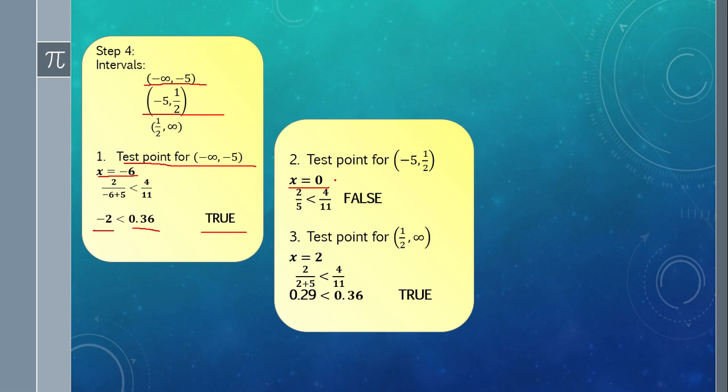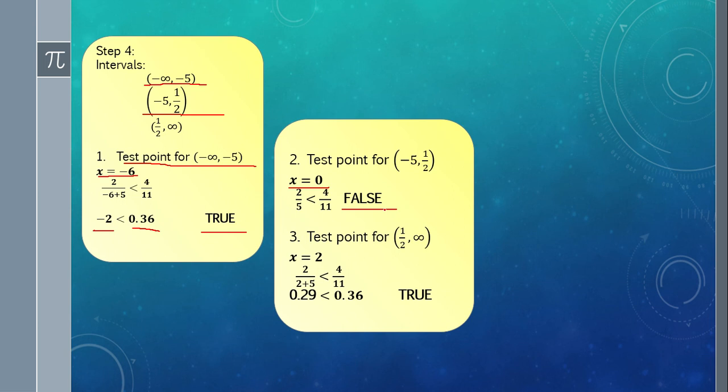So let's substitute. So you have it there, 2 over 5. If you might be asking, why is it over 5, sir? Because 0 plus 5 is 5. So simply that's 5 there on the denominator. 2 over 5 is less than 4 over 11. The answer there is false. You might use your calculator for the exact value of that fraction.